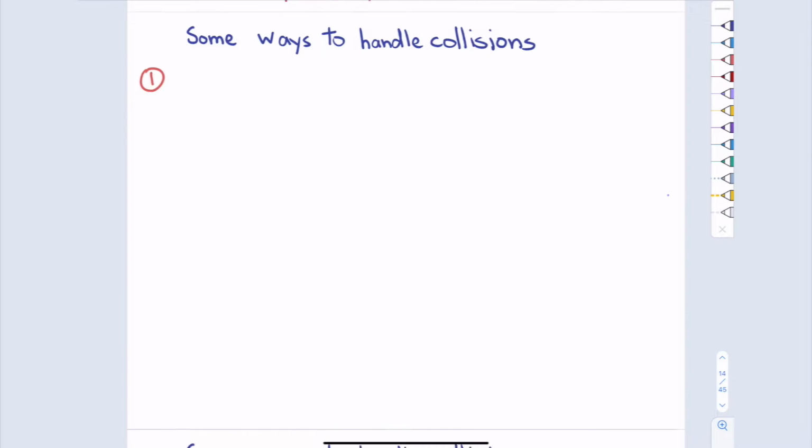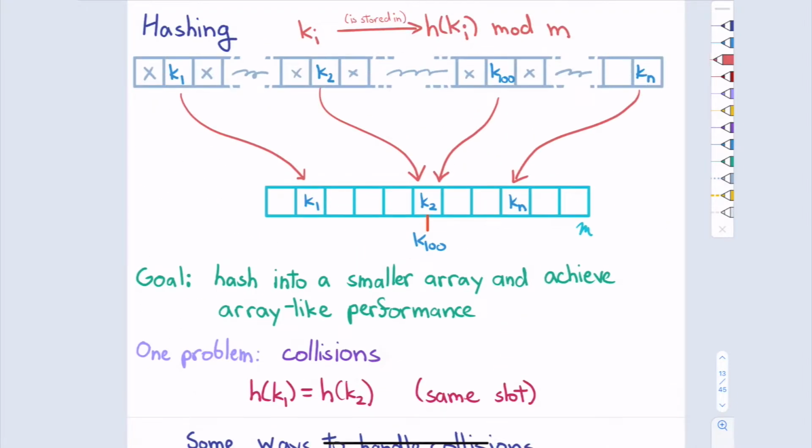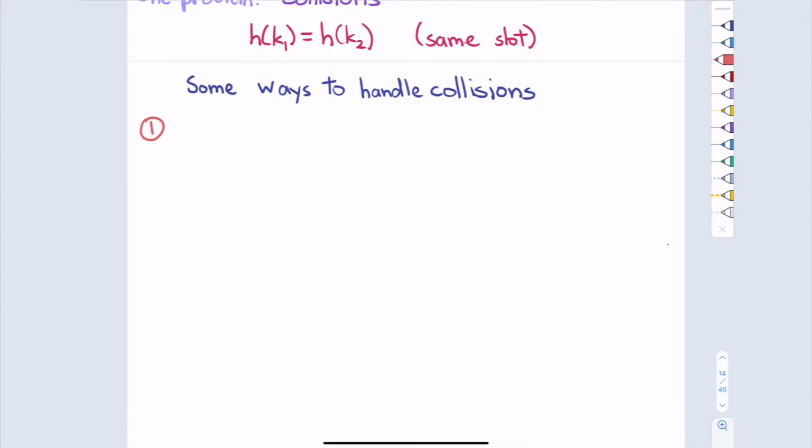You guys might have seen some of this stuff before, so I thought I'd open the floor. What are some ideas for handling collisions when you're making a hash table? The first can be that you can create multiple layers of hash tables and rehash them again. Okay, so I'll just call it layers, like onions.